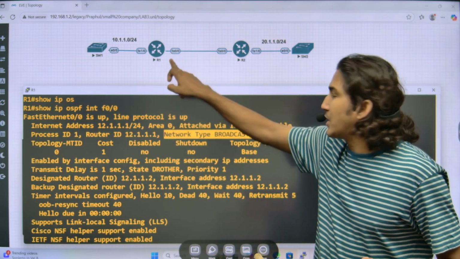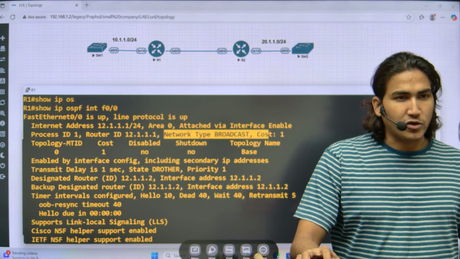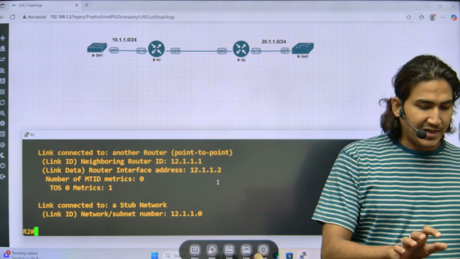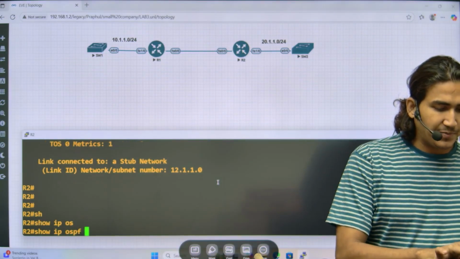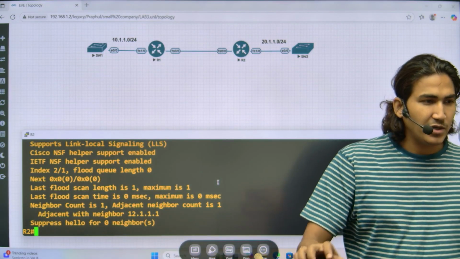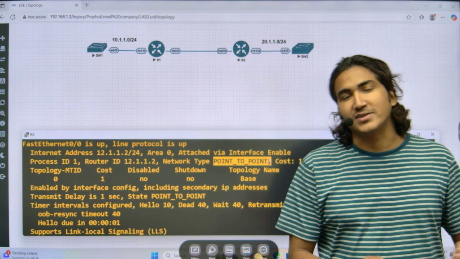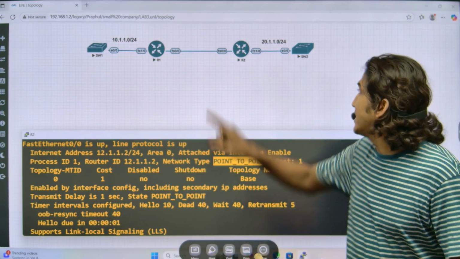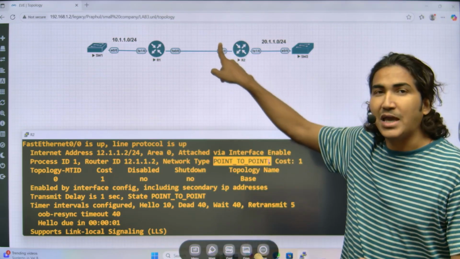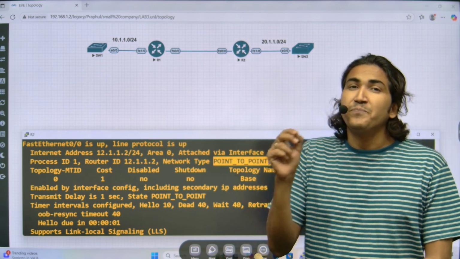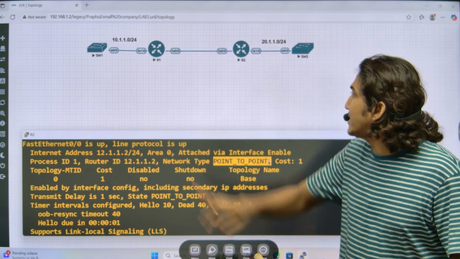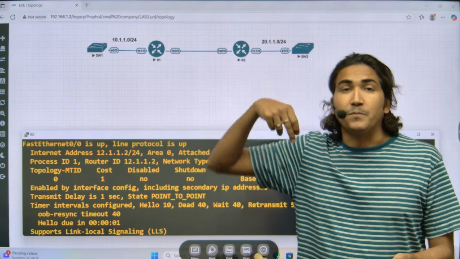On router number 2, if I run the same command, show IP OSPF interface F0/0, here you can see the network type is, guys, point to point. This is the issue. The network type on interface F0/0 of router 2 is configured as point to point, and the network type on router number 1 is broadcast.